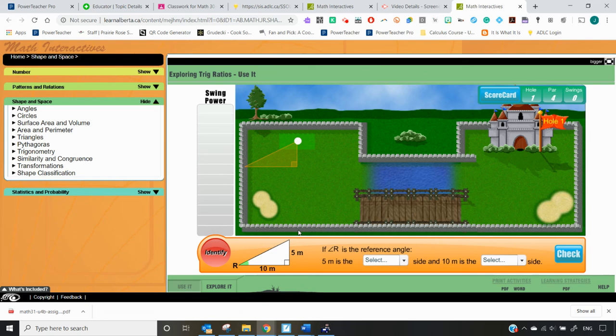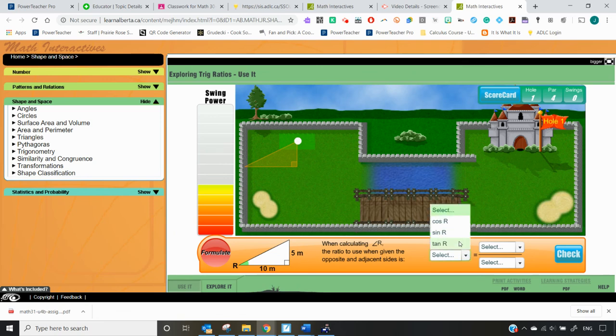So we start off with this first example here. It says if angle R is the reference angle, 5 is, well, looking across would be opposite, and 10 is adjacent. So it just gets us really familiar with labeling. The next part then, it says if we're calculating R, so we have opposite and adjacent, that means we're using tan, and tan is opposite over adjacent.